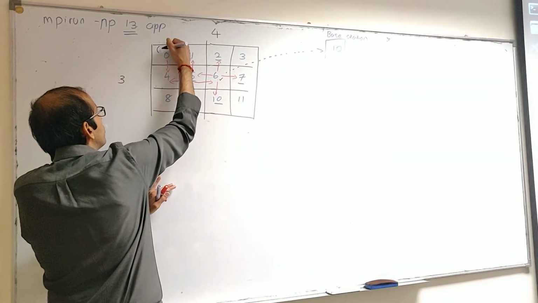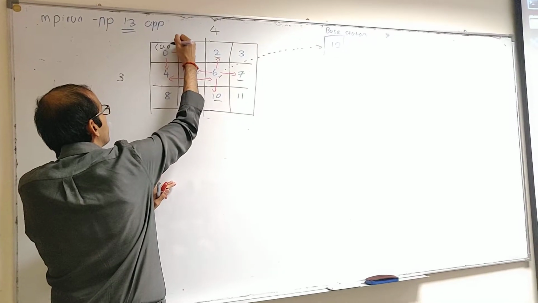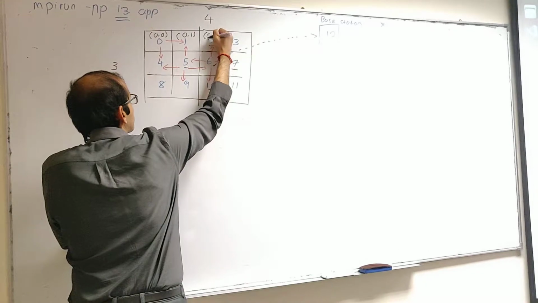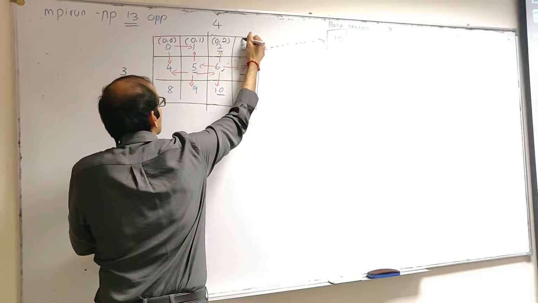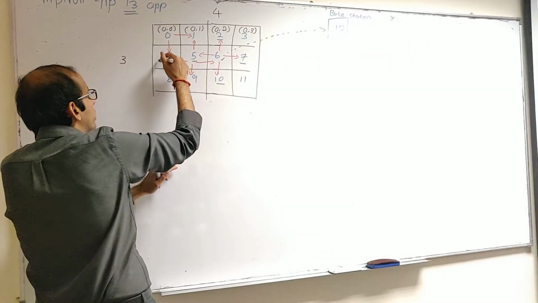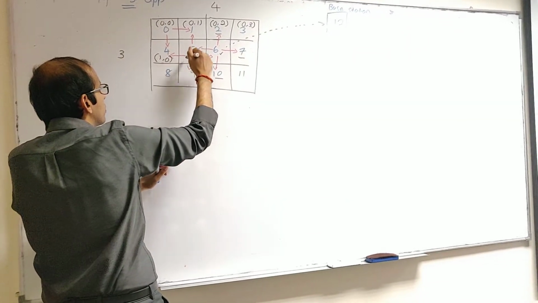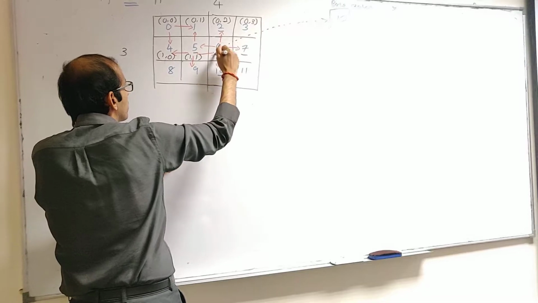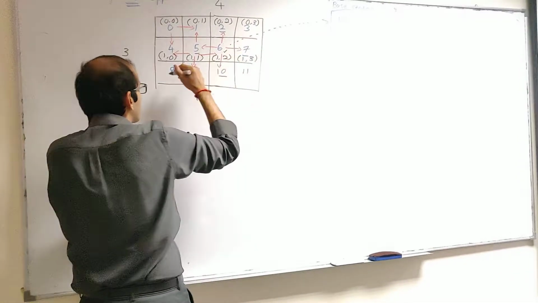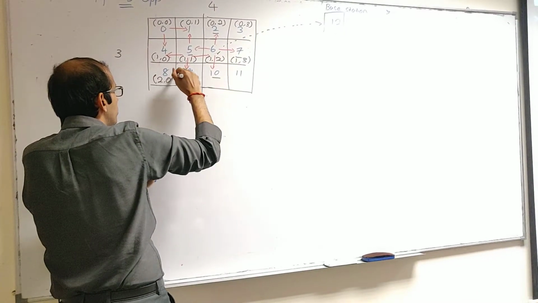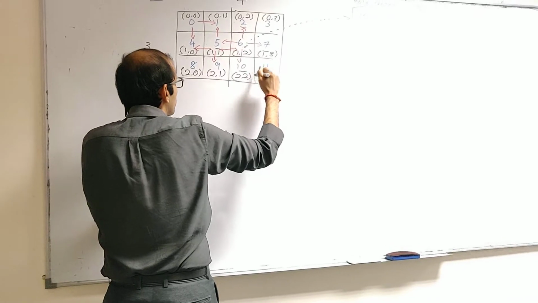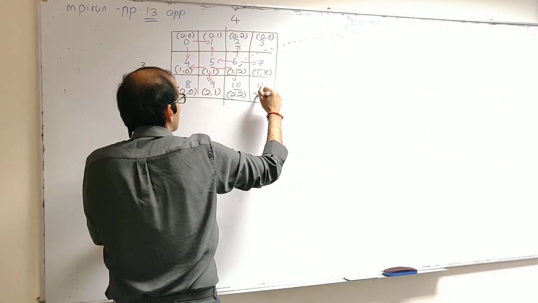For node 0, the 2D position is 0,0. Then 0,1, 0,2, and 0,3. This row is 1,0, 1,1, 1,2, 1,3. This row is 2,0, 2,1, 2,2, and 2,3.